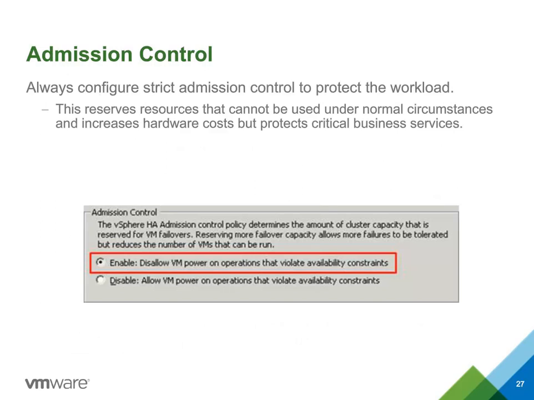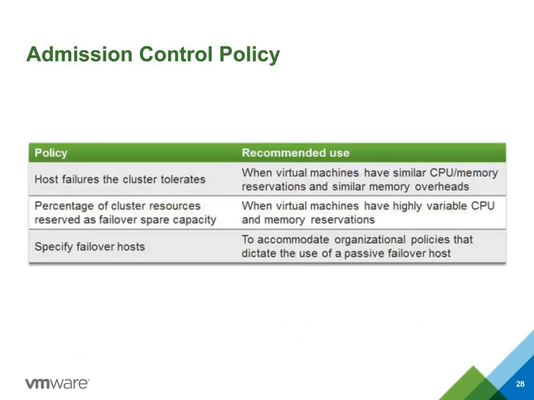Since we have admission control enabled, we're actually going to be given 3 choices in this HA cluster to guide HA in terms of how it should reserve the CPU and memory resources that it needs. As you can see here, the 3 choices are called the host failures the cluster tolerates policy, the percentage of cluster resources reserved policy, and the specify failover host policy.